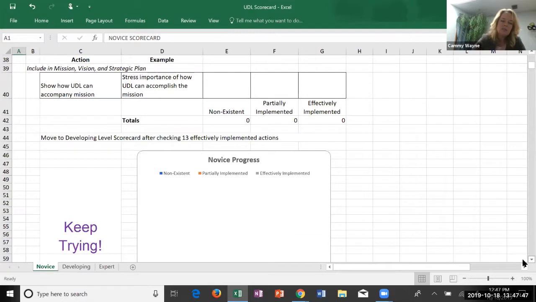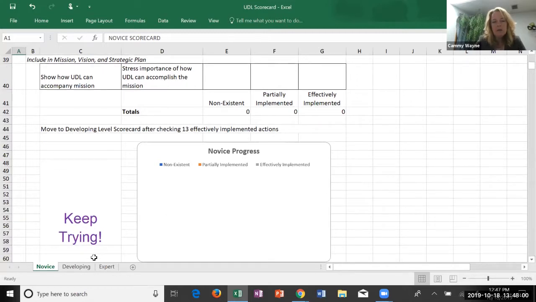Once you answer where you're at, you can put an X in that little box. Then it'll tell you if you need to do a couple more things or should you be moving on to the next scorecard. So if you're in those beginning stages, you can fill out this first scorecard.